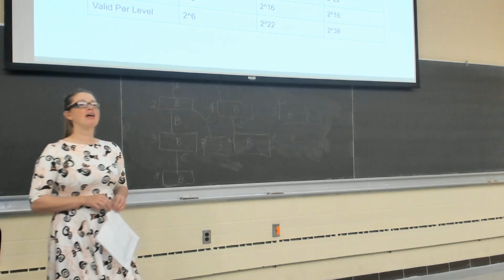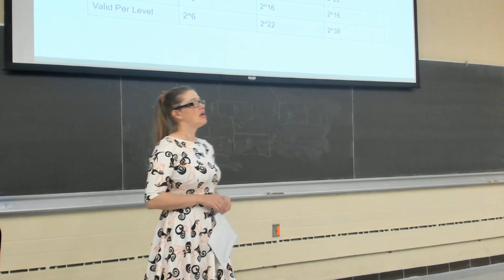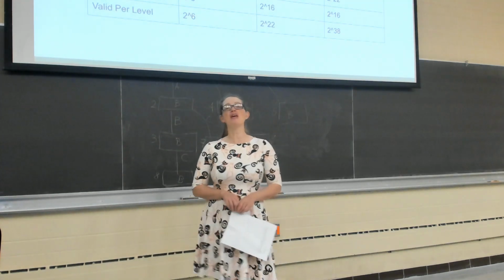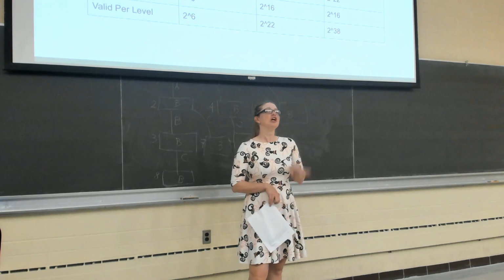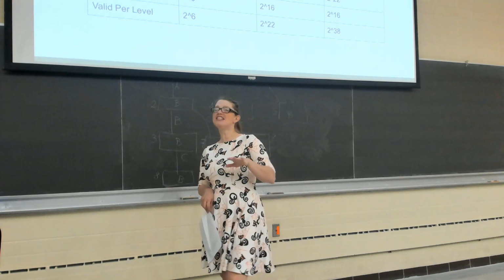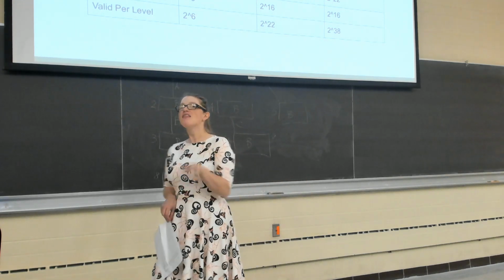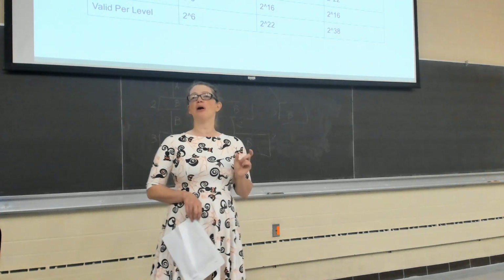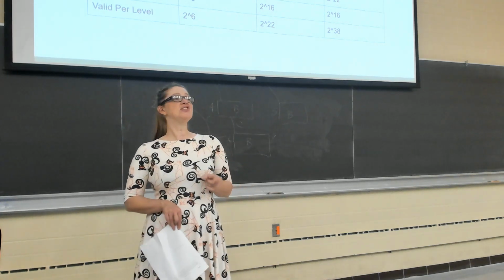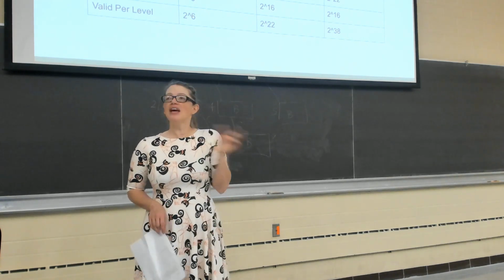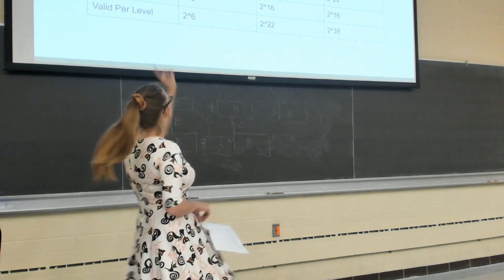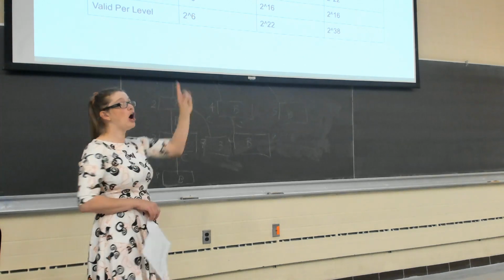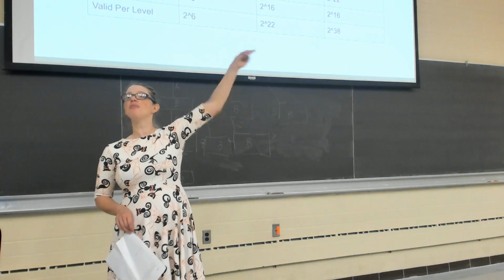The observation that you make is that if all of our valid addresses use the lower 58 bits, then only the highest 6 bits are always 0. Which means, at the root, we only ever have one root to this tree. So the number of tables at level 1 is always 1. It doesn't matter what the problem is, this is always 1.